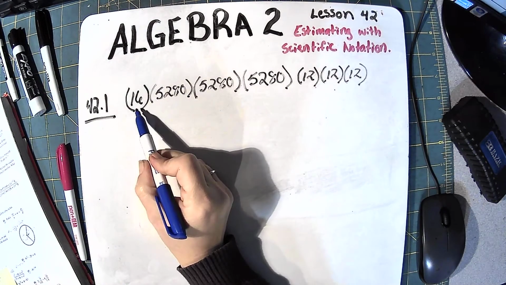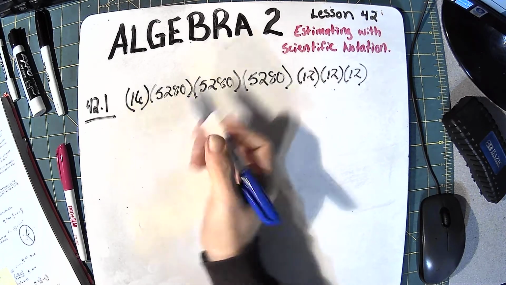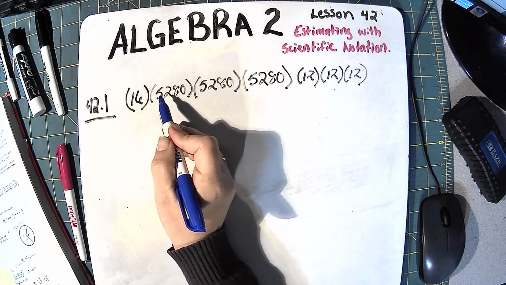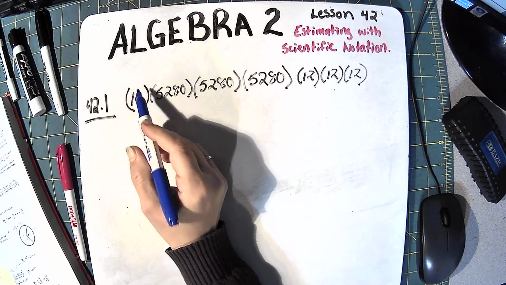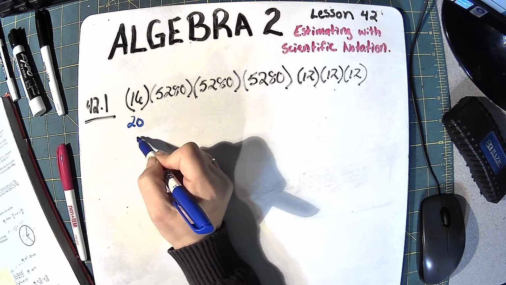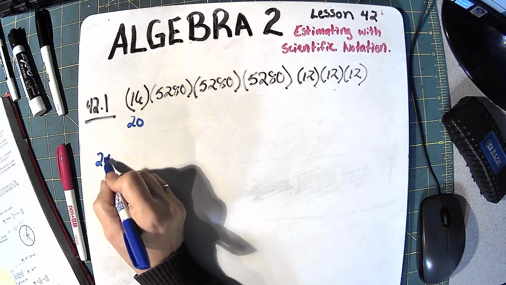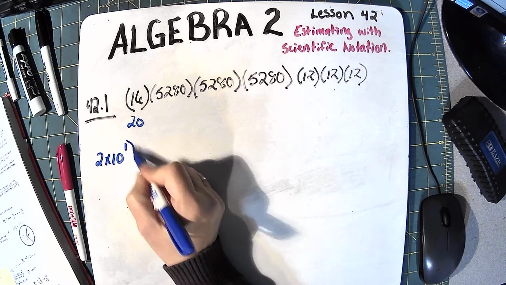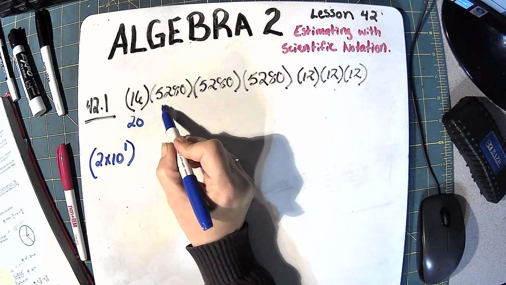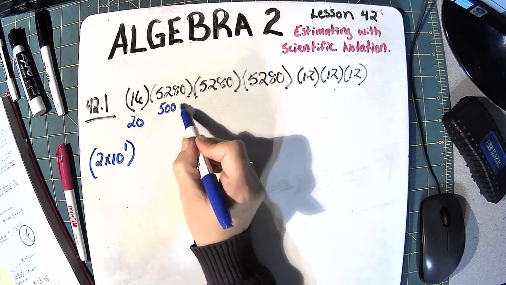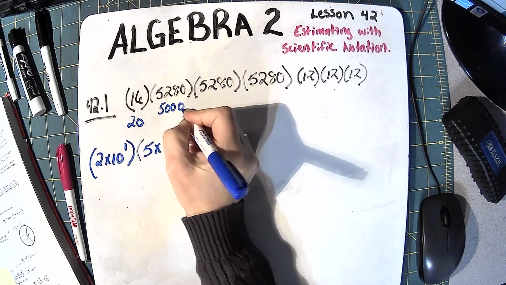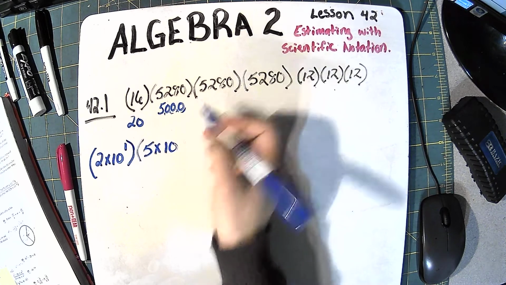So first thing we're going to do is put all of these numbers in scientific notation. This one we're going to round up to 20. We're just going to round them up or down and then put them in scientific notation. So this one's about 20, which would be 2 times 10 to the 1. This one is about 5,000, which would be 5 times 10 to the third, since we moved it back 1, 2, 3.